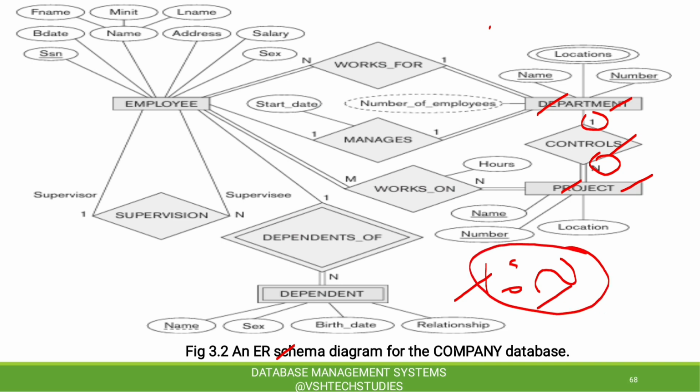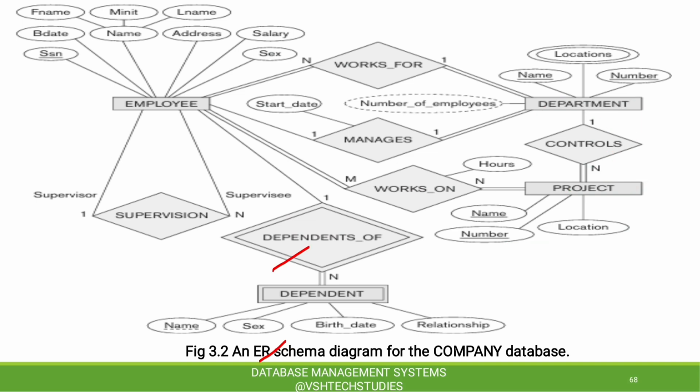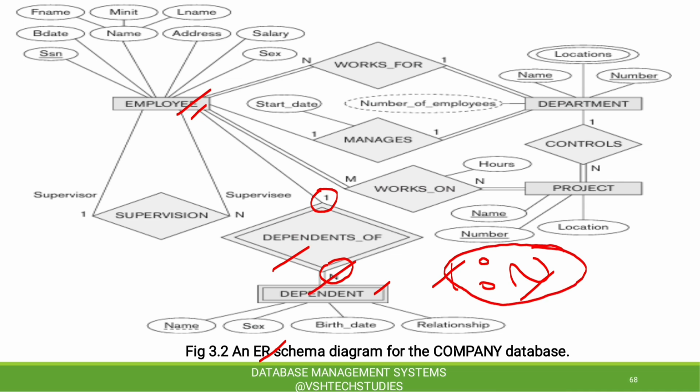That is what is the meaning of this cardinality ratio of participation. Okay. If you take up the dependents of relationship, it is between the employee entity and the dependent entity. 1:N is the cardinality ratio of participation here. So one employee can have N number of dependents, meaning one employee can have any number of dependents. That is what is the meaning of this cardinality ratio of participation.